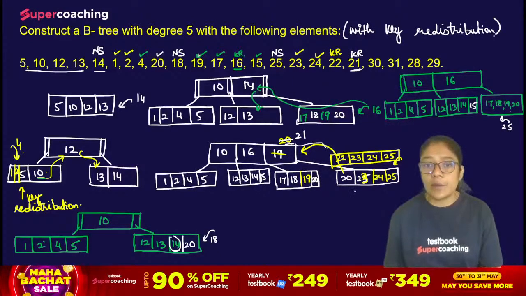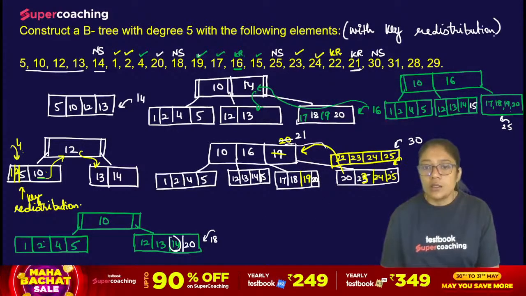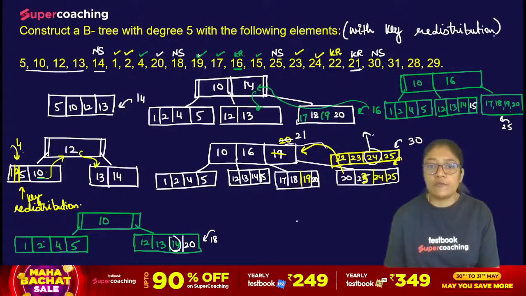Now 30 is coming up. Now the left child is also full, the right is also full. So this is a case of overflow. So the node split will take place. 22, 23, 24, 25 and 30. So the node will be split on the basis of 24. So finally the number of levels did not increase.